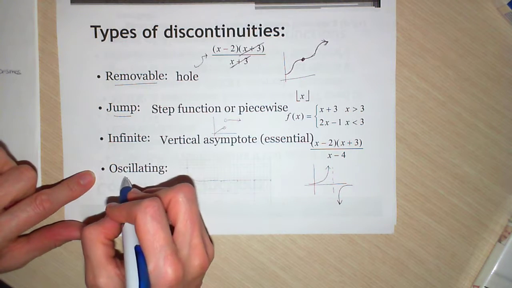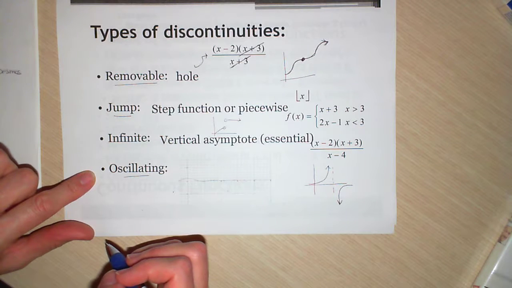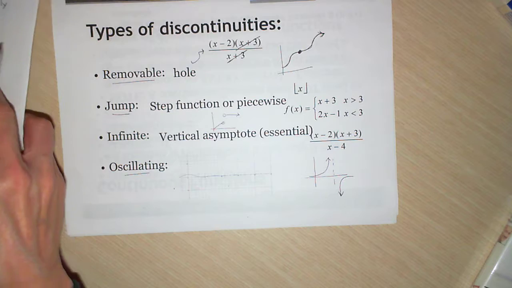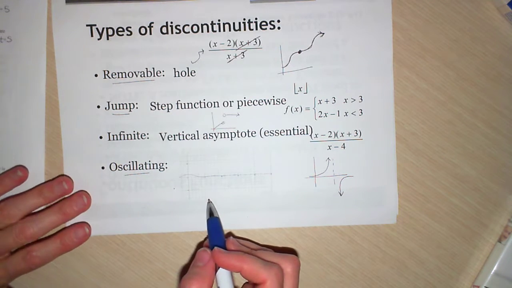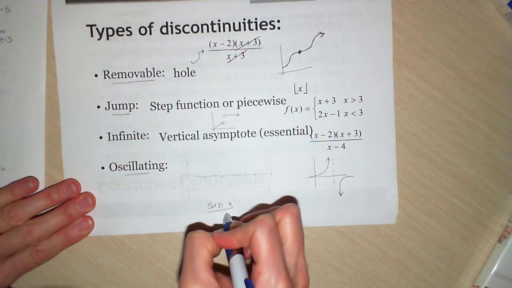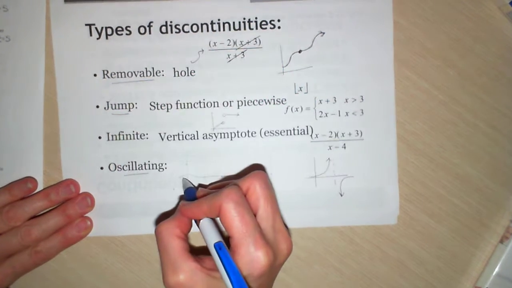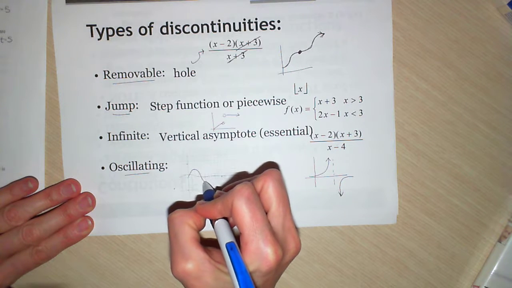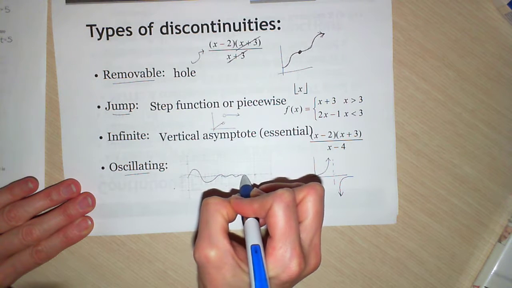And then the last one is oscillating. When we did that limits lab at the very beginning of chapter 2, we looked at a few of those limits labs. One of them, an example, is sine of x over x. It's kind of hard to see on this picture, but this might be a better way to graph this.